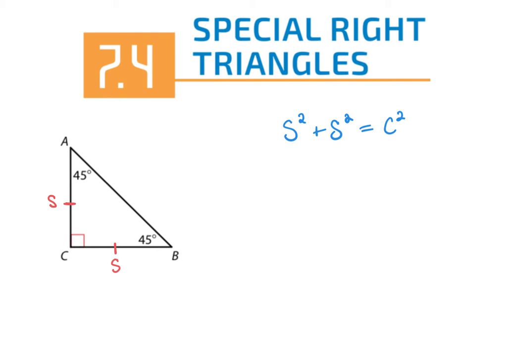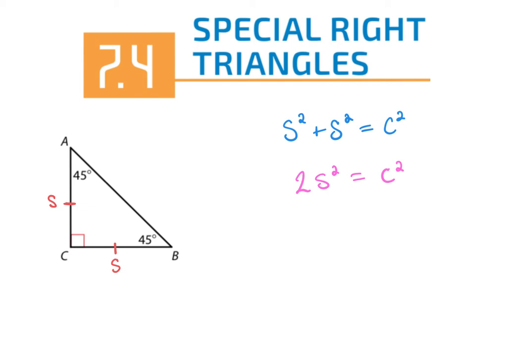Correct? Everybody see that? All right, so what happens there? Well, I have a and b the same. So what happens when I add s squared and s squared? How many s squareds do I have? 2. I have 2 s squareds equals c squared.